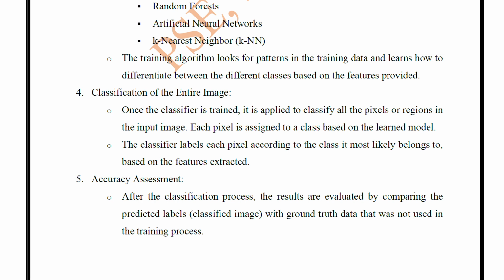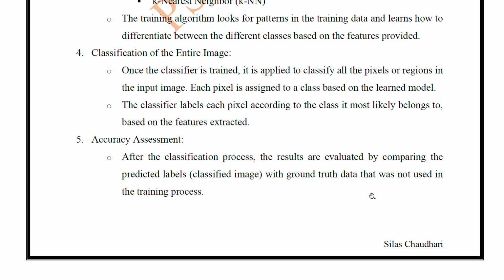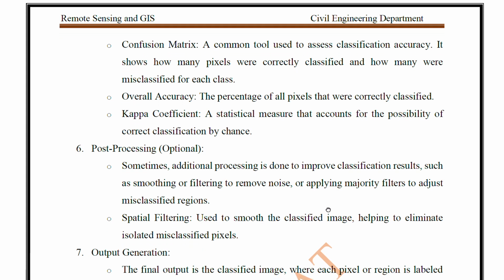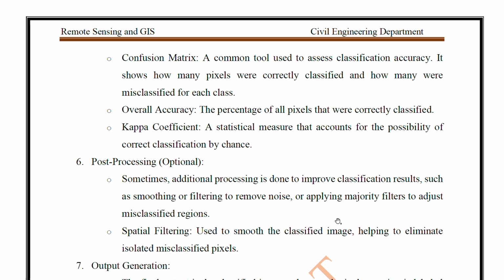Fifth, accuracy assessment. After the classification process, the results are evaluated by comparing the predicted labels with the ground truth data that was not used in the training process. Confusion matrix, a common tool used to assess a classification's accuracy. It shows how many pixels are correctly classified and how many were misclassified for each class.